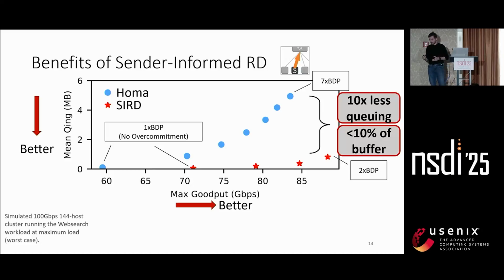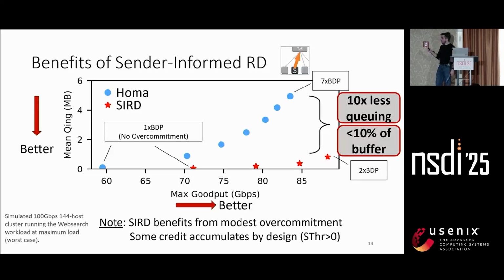And at the same time, in this case, SIRD would use less than 10% of the switch's capacity. And note here that SIRD benefits from modest overcommitment, and the main reason for that is that some credit still accumulates at senders by design, since the sender threshold is non-zero.